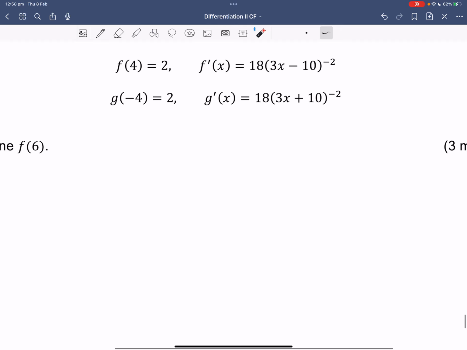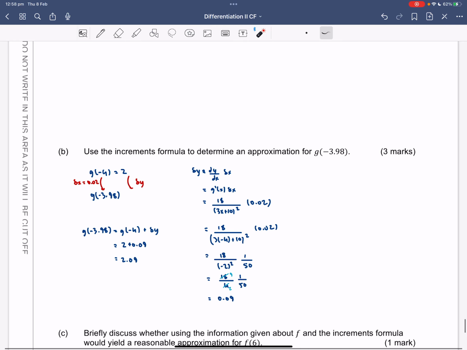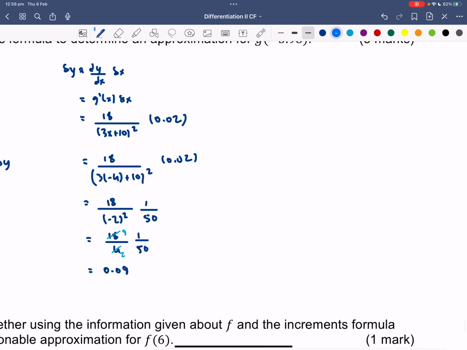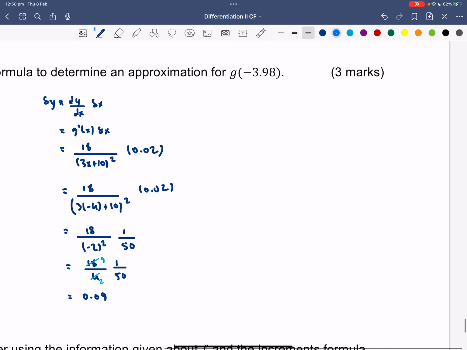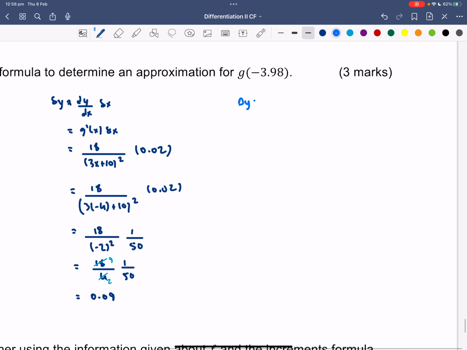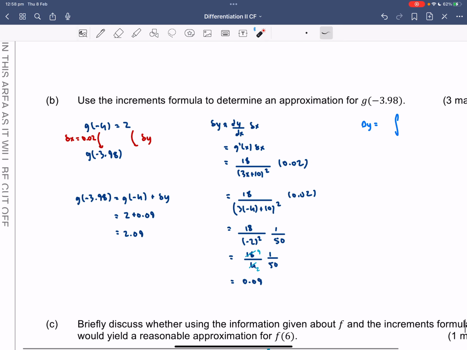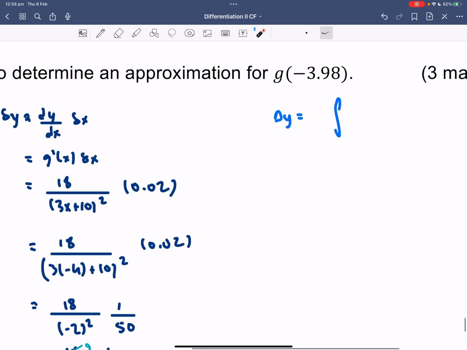Now, I'm just going to show you, by the way, how we would have found out the exact change in the y value. I'm just going to use the formula for the exact change. What did we change it from? Minus 4 to minus 3.98, and then for the derivative, what did we have?